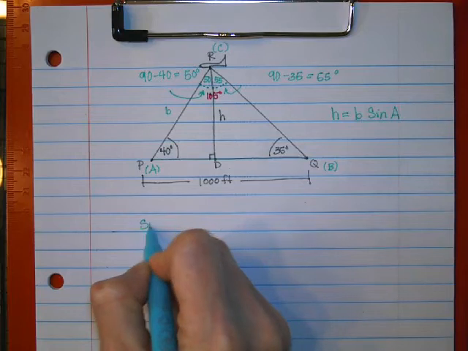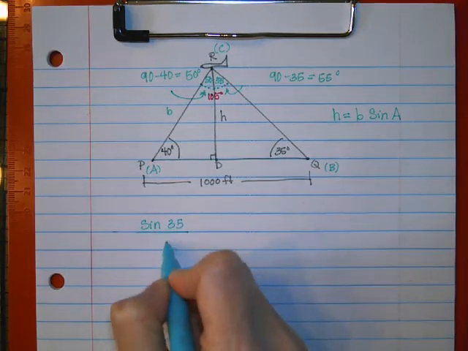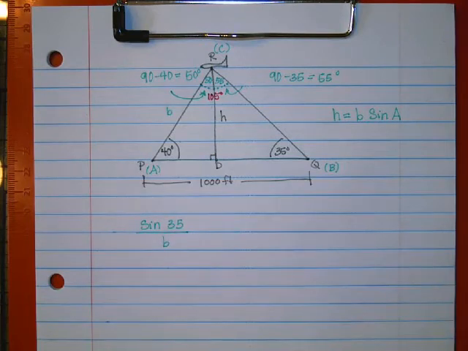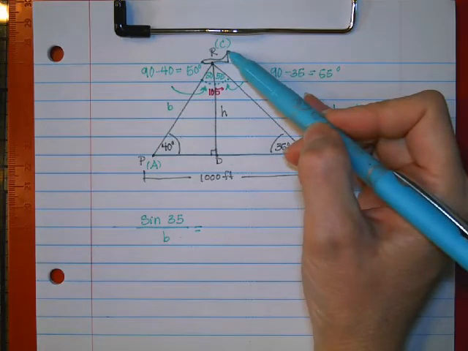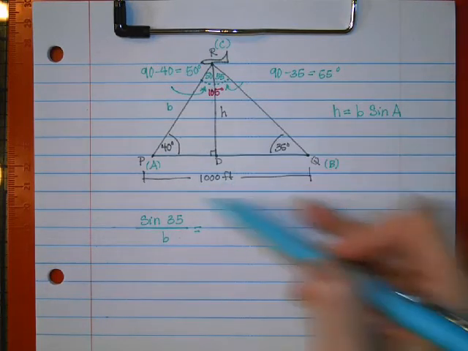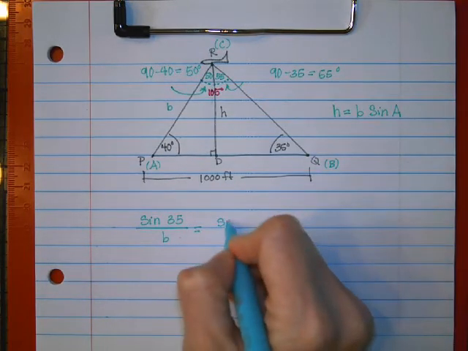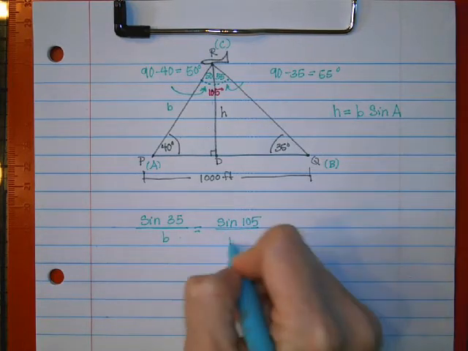So we know the sine of big B, which is 35 degrees, over little b, which we do not know. Well, the only angle that we know with the side opposite is angle C up here, which is R. We know that's 105 degrees, and the side opposite is 1,000. So that means the sine of 105 degrees over 1,000.